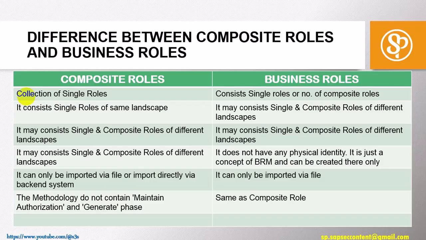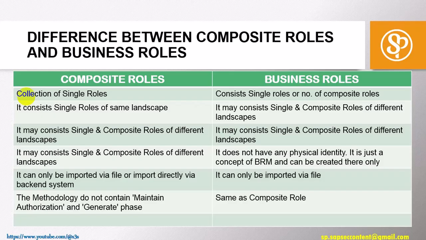Take a security consultant role. As a composite role, it has user administration, role administration, SWIM reports, and basic authorization for printing SU53, like standard T-codes. Such a role is developed as a collection of single roles, as one composite role.